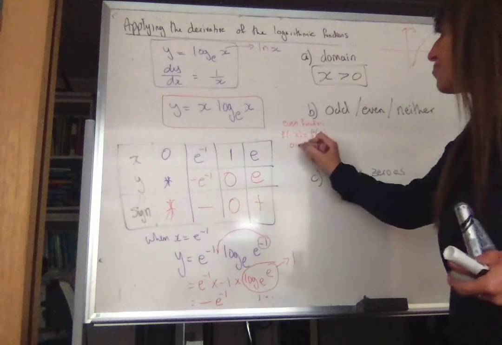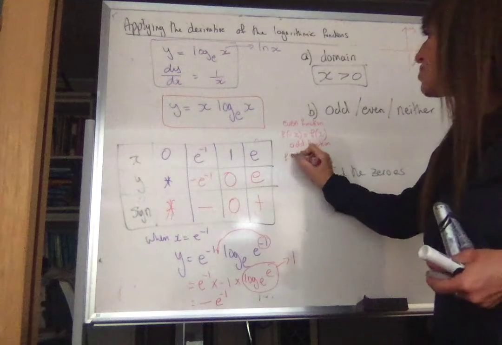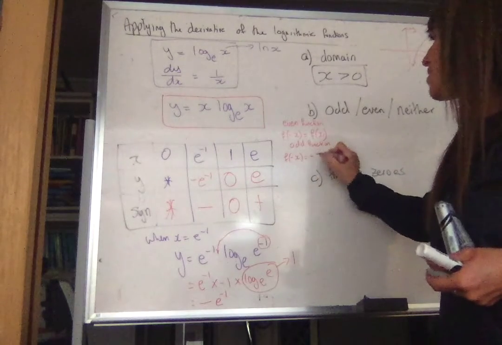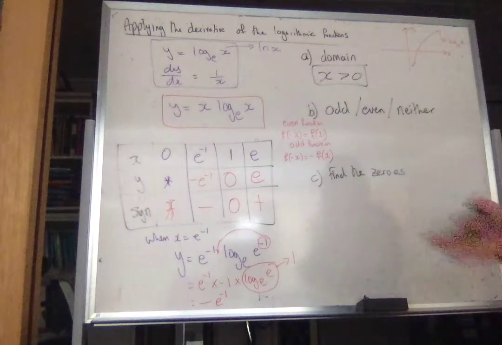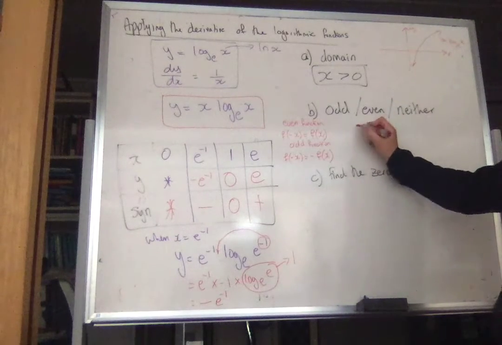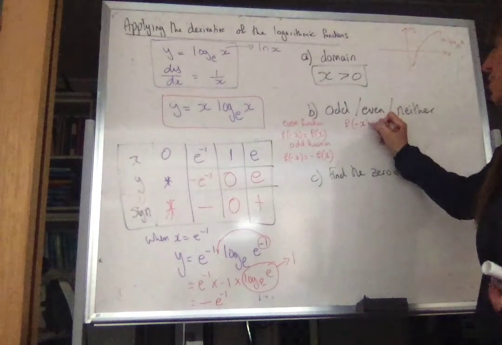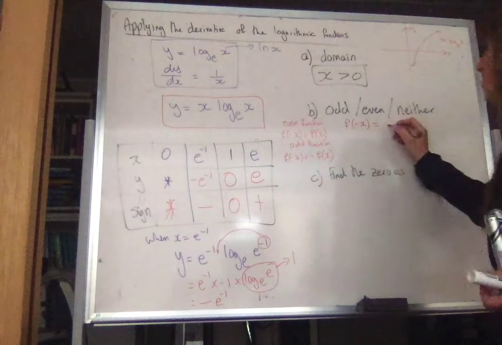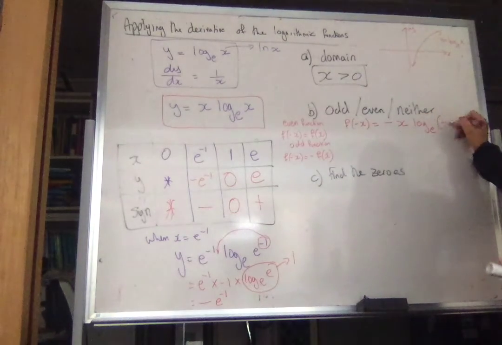For an odd function, when I substitute negative x into the function, I end up with negative f of x. So let's see if either of these work. We start with the substitution of negative x into the function, so I end up with negative x log base e of negative x, minus x.